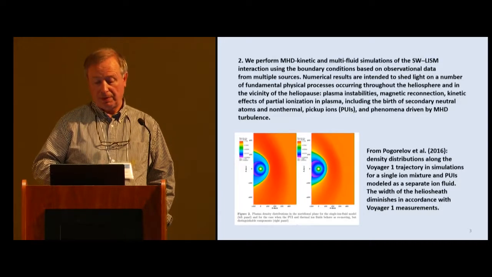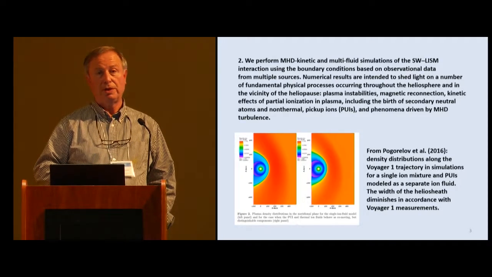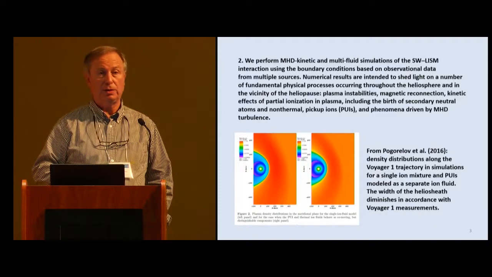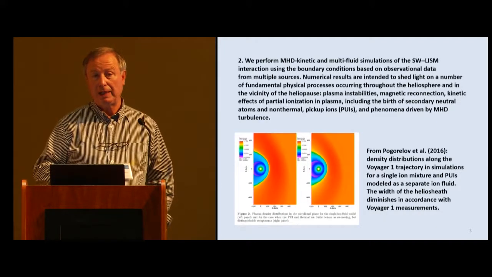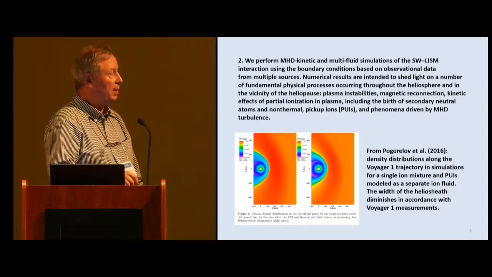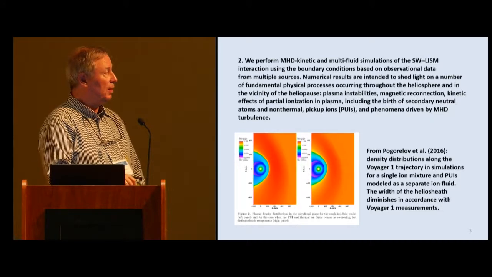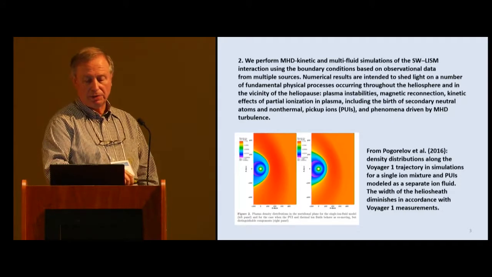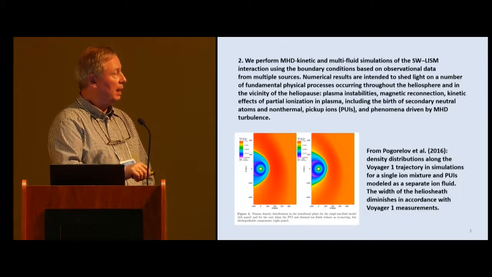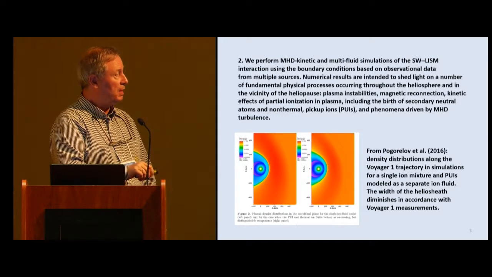This is actually a very good thing, to treat them as a separate fluid, because the charge exchange properties depend on energy. Right here you see two simulations. One of them shows the plasma distribution in the solar wind interstellar medium direction. This is the termination shock, heliopause, termination shock, heliopause.